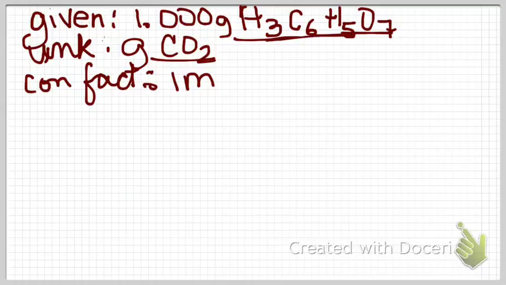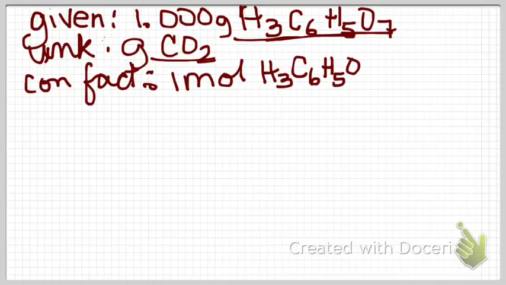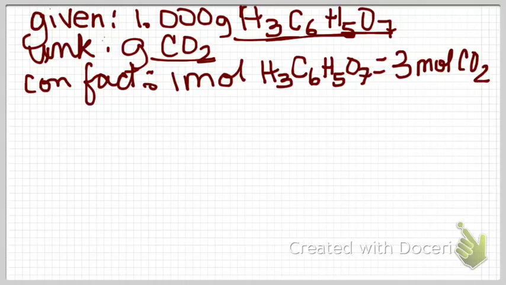So go look on page 102, look at that balanced equation, and you can see that the recipe or the equation says for every 1 mole of citric acid, you can make or produce 3 moles of carbon dioxide. Okay? And now you ask yourself, am I ready to solve? Is that all I need?